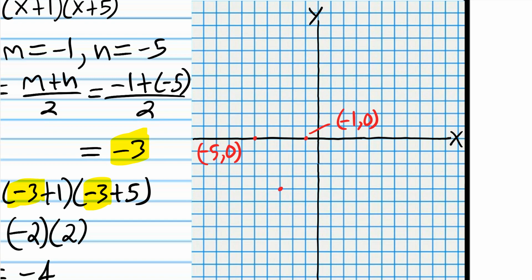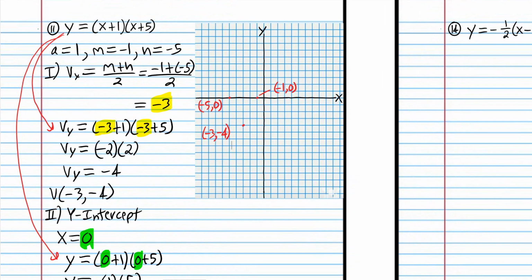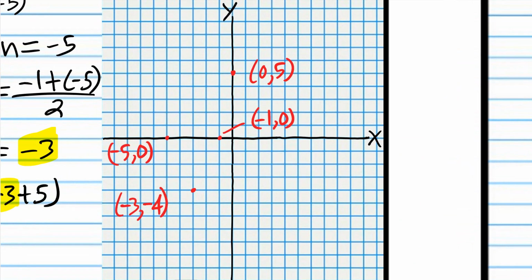That's here. And the y-intercept is (0, 5). That's up here. And so now we just have to connect the dots and make our parabola.